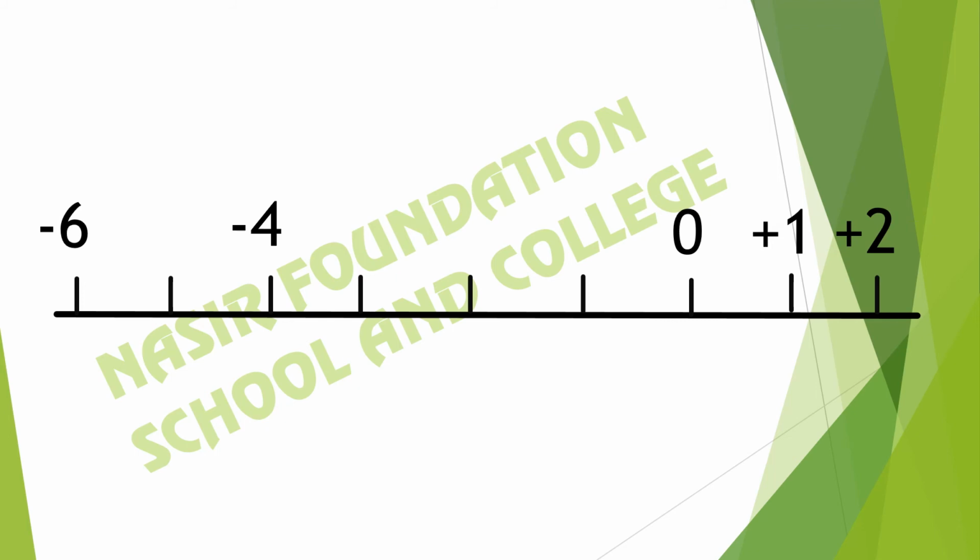What comes after 0 if we are moving towards the left side? It is minus 1. And then what it comes? Think about it. What comes after minus 1 if we are moving towards the left side? It is minus 2.